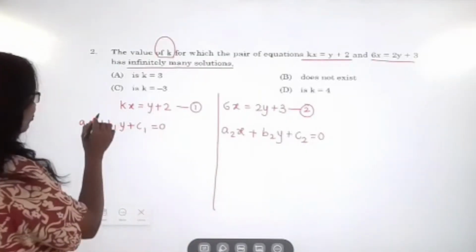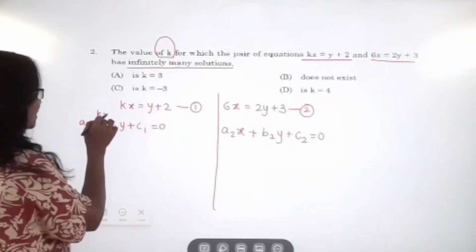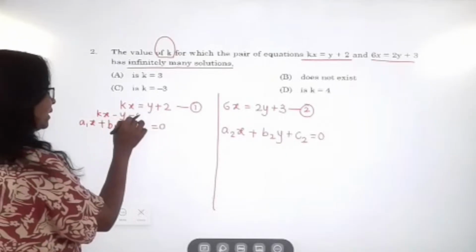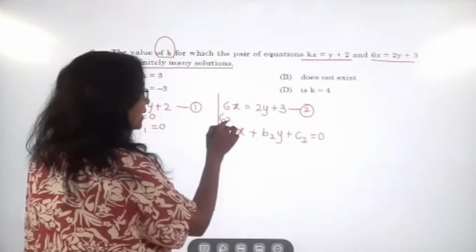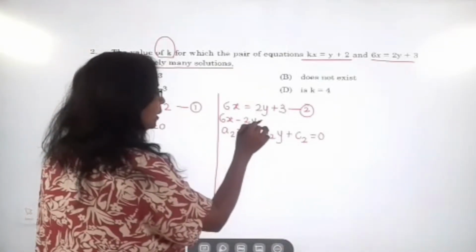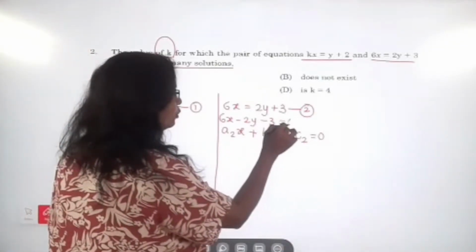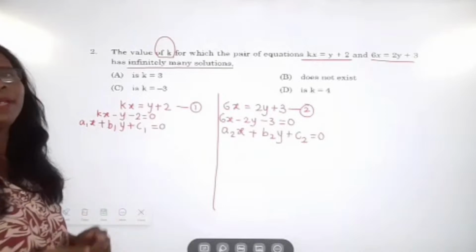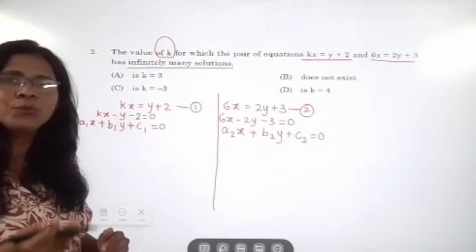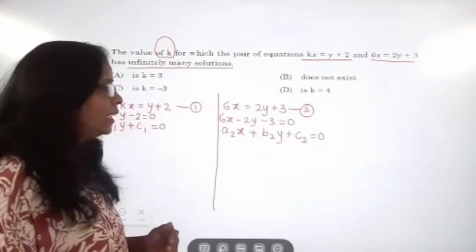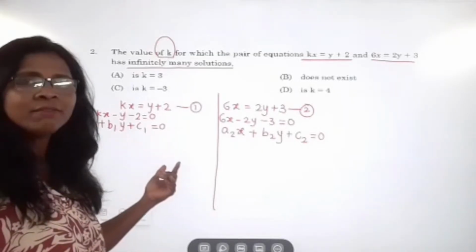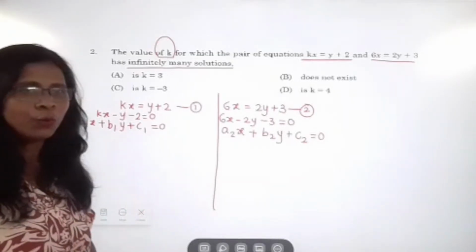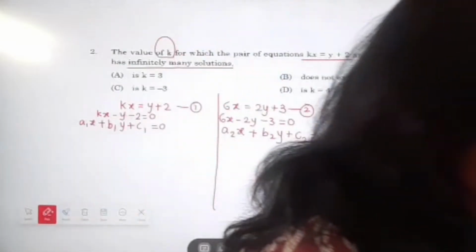So the standard form becomes kx minus y minus 2 is equal to 0. Then here 6x minus 2y minus 3 is equal to 0. Now you compare these new equations with a1x plus b1y plus c1 is equal to 0.